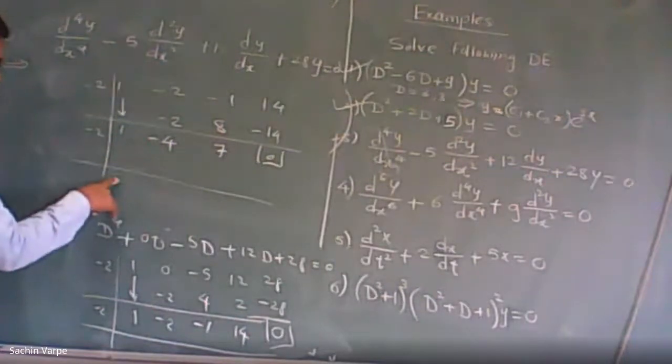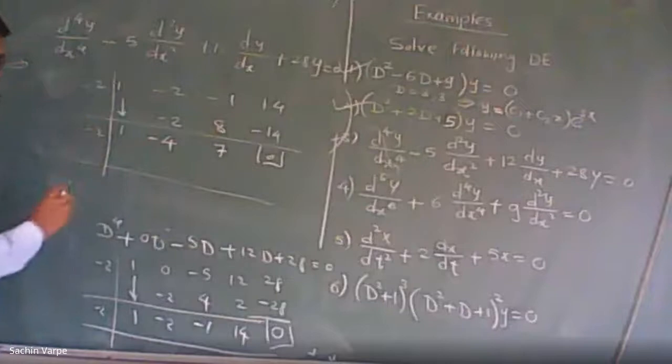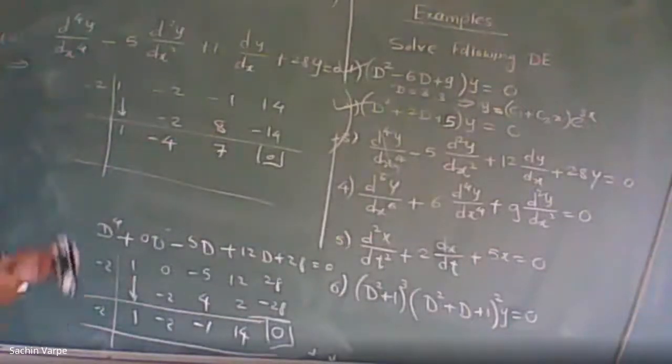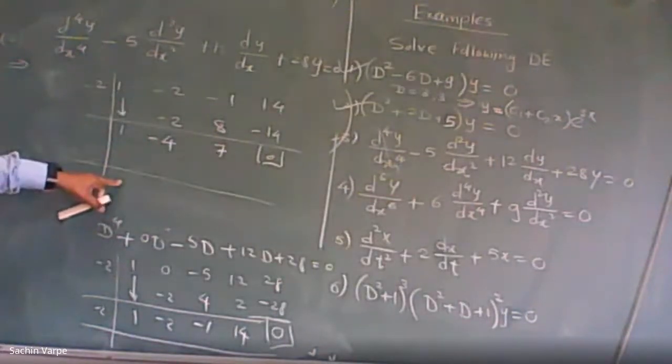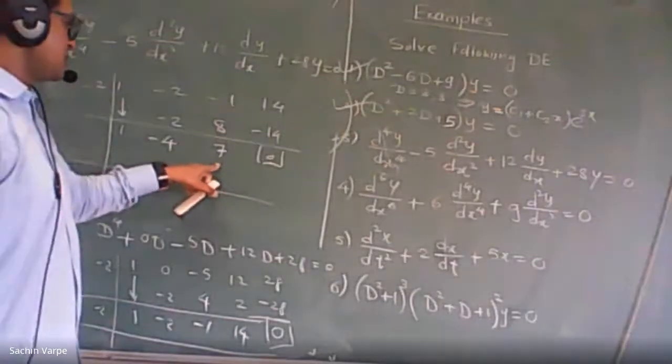So minus 2, minus 6. No, minus 2 is not a root now. What is the next root? 2. We have to take the divisors of 7, yes, the divisors of 7.